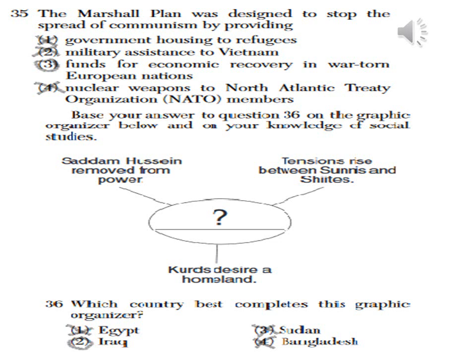So now you have question 36. You have a graphic organizer, so of course you gotta know about social studies. Basically, answer question 36 on the graphic organizer below and your knowledge of social studies. Saddam Hussein. Remember this guy? Saddam Hussein used to rule Iraq. He was a dictator of Iraq until he got kicked out by the United States, of course. The United States invaded Iraq in 2003.